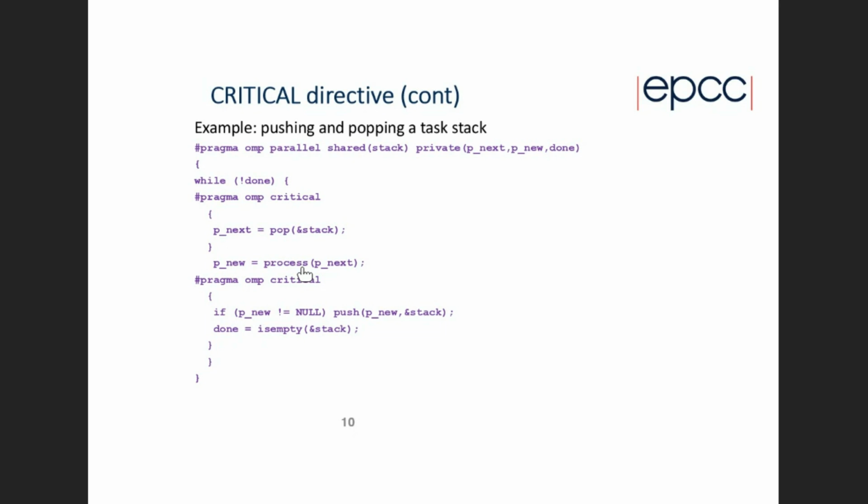It's then going to do some processing on that, and that may return a pointer to a new item. If that's a valid pointer, then I want to push that new item onto the stack so that it's available for other threads to pop and execute. And I'll finish when the stack is empty.